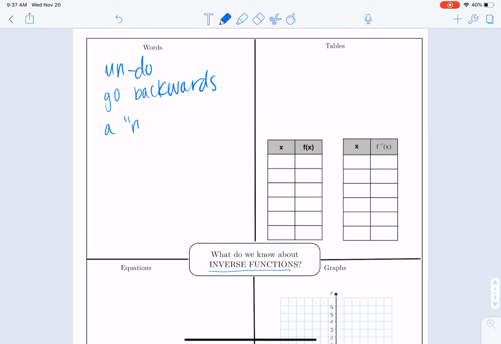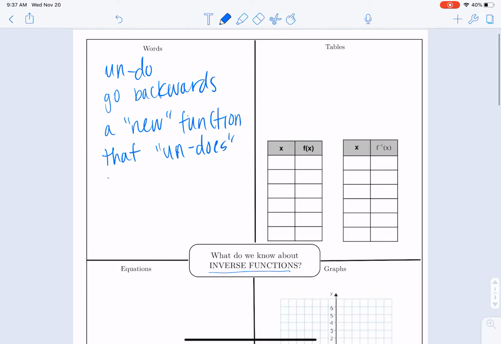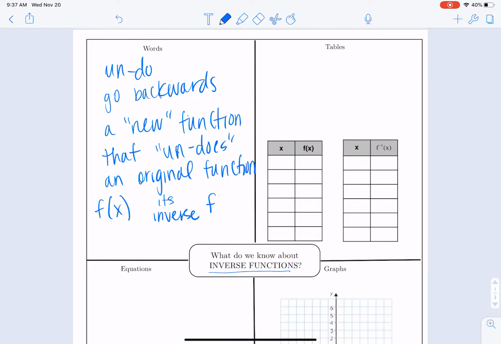So an inverse function is a new function that undoes an original function. And so if I have an original function called f of x, its inverse is called f inverse of x.